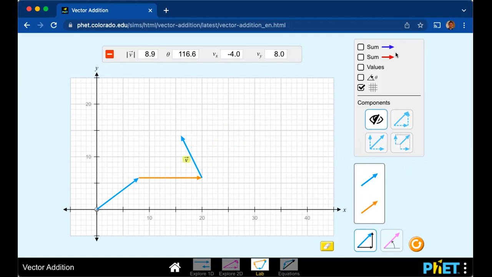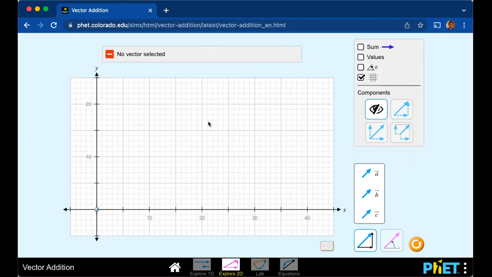So what's the resultant? For polygon, you connect from the origin to the tip. I hope I can change the angle. No, you cannot change the angle. Perhaps let me try again. Oh yeah, this one you can change the angle actually.